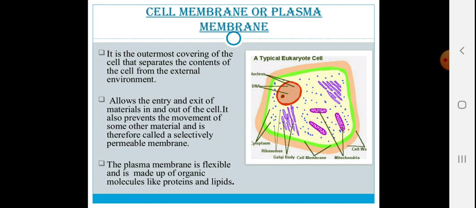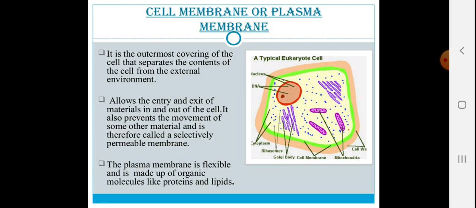It allows the entry and exit of materials in and out of the cell. You can say that it works as a door, an entry or exit point. It also prevents the movement of some other materials, and it is therefore called a selectively permeable membrane.